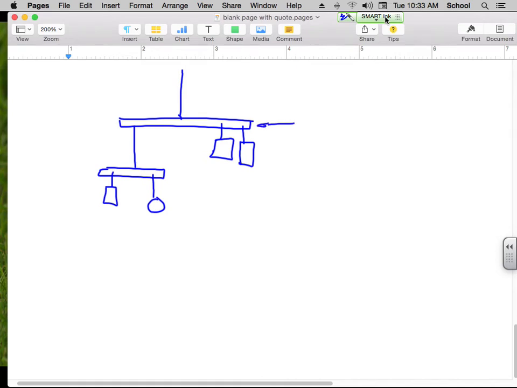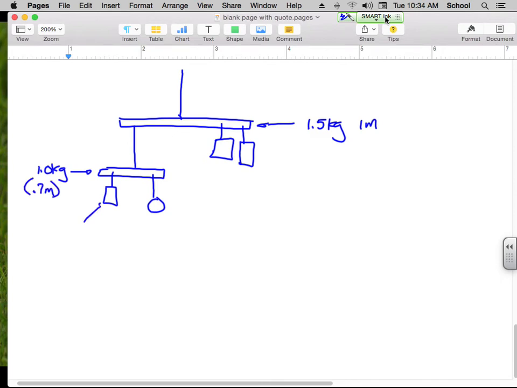So let's say this thing is 1.5 coulombs and it has a length of 1 meter. And this one has 1.0 coulombs and it's only 0.7 meters long.